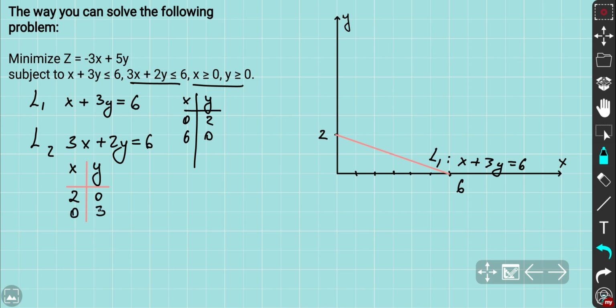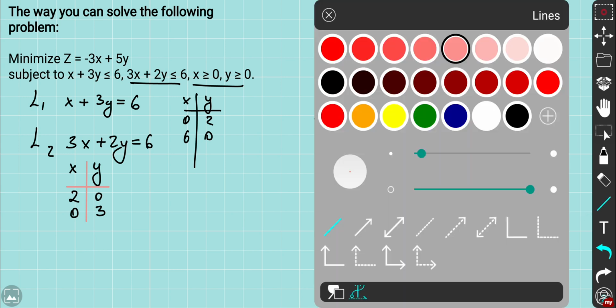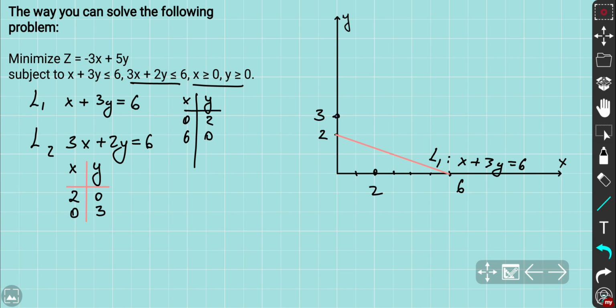So this line should go through 3, the y-intercept, it's right there, and also should go through 2, it's right there. I'll use a purple color and just connect those two.